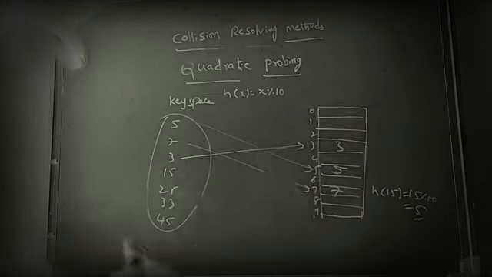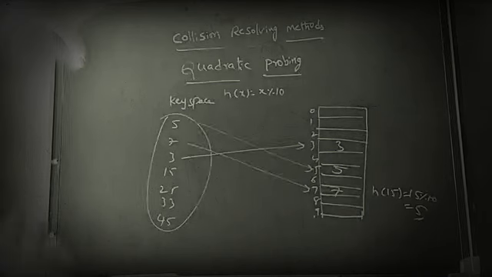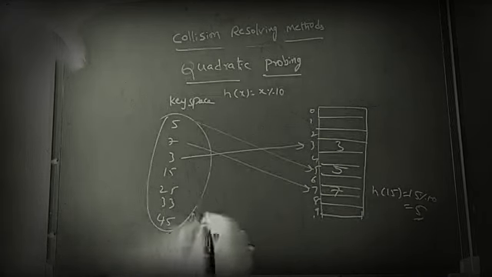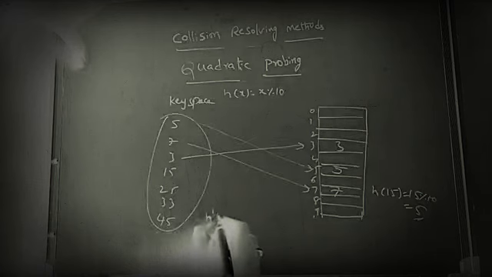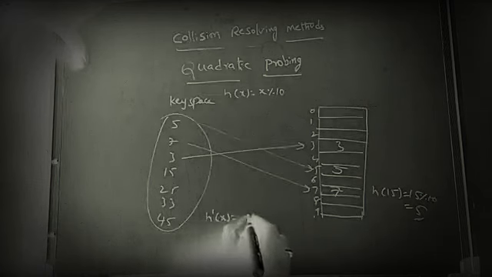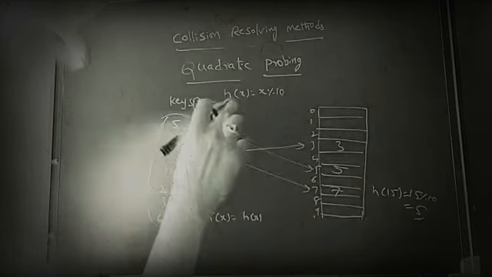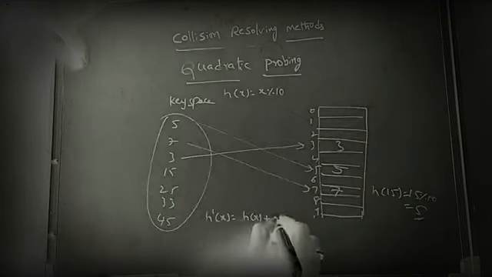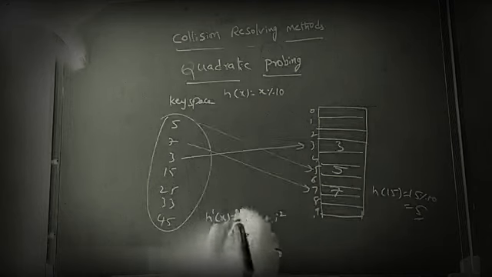Here a collision arises. When the collision arises, move to the alternative formula. Here the formula is slightly modified: h'(x) = h(x) + i square.